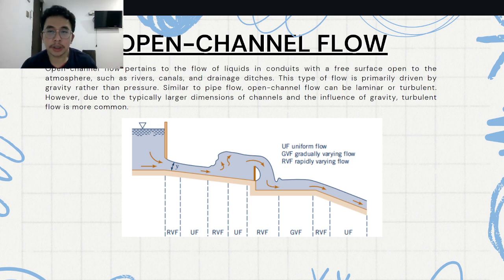Now I'm going to move on to open channel flow. We've discussed viscous flow before. The difference is that open channel flow usually happens in rivers, the type of flow where it's very open, like a river or a canal.